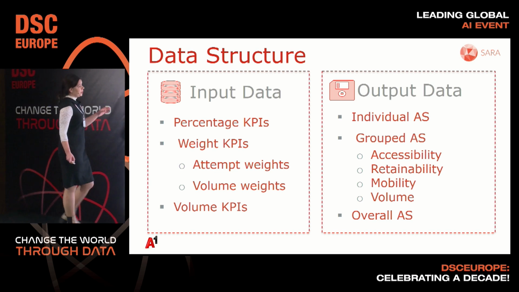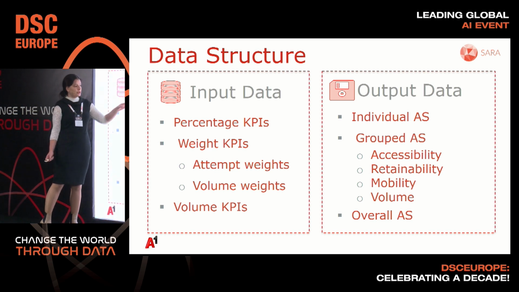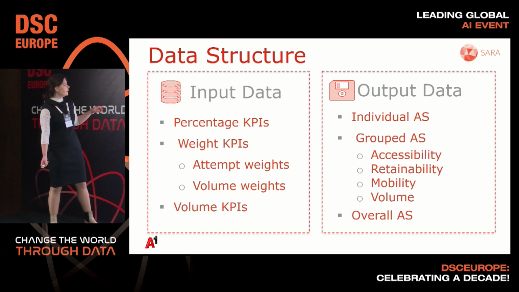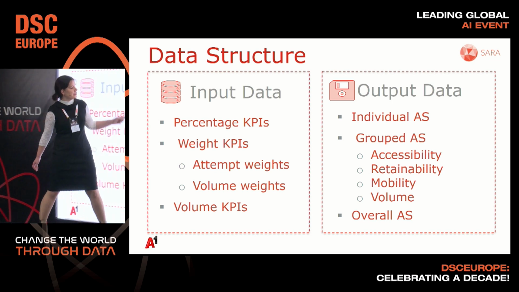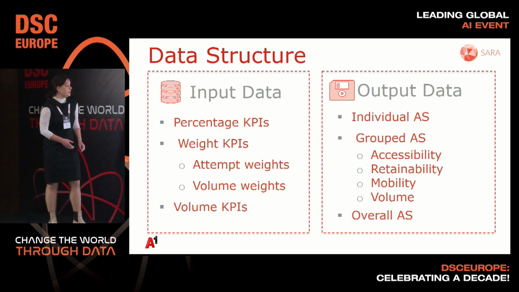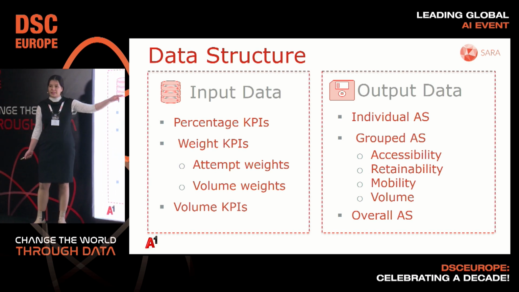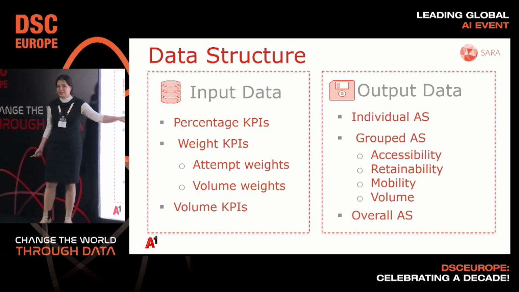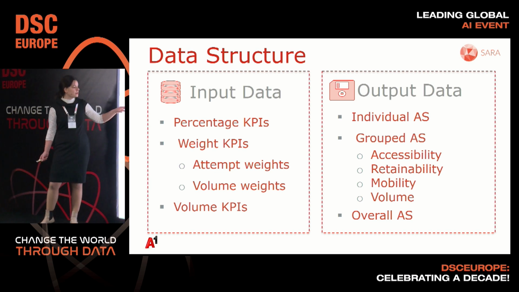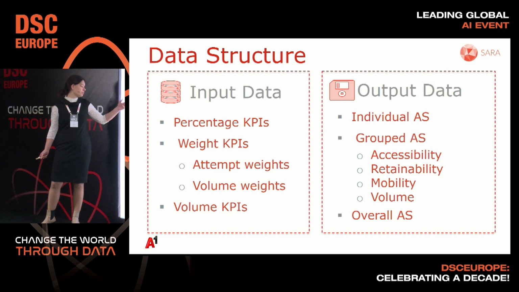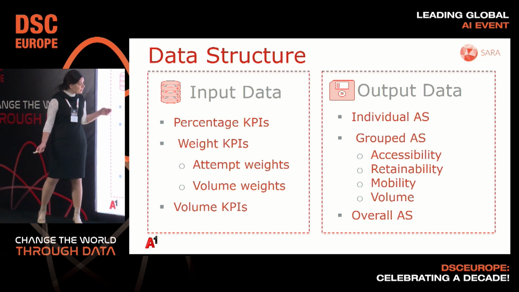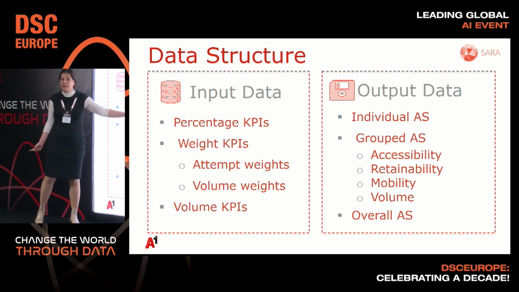KPIs are grouped into percentage KPIs, and they measure success or drop rates, and they are mostly related to accessibility, retainability, or mobility. Then each of the percentage KPIs has its own weight KPI. It helps us to weight the impact of the value of the percentage KPI by the volume of the weight KPI.